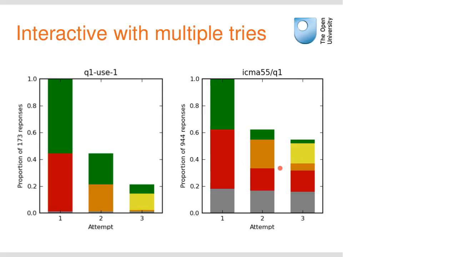It wasn't just that they were lazy; the question was asking something that hadn't been taught properly, and that's why students were struggling. Overall, 50% eventually got it right. So although we started from asking whether these were lazy students, we ended up thinking we maybe need to rethink that bit of the module.